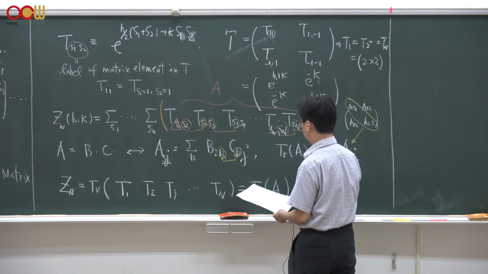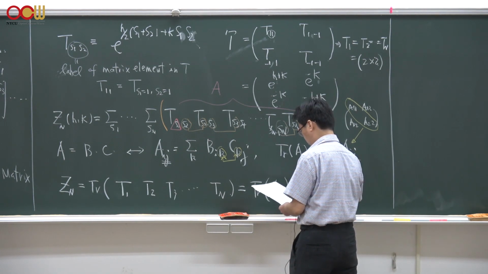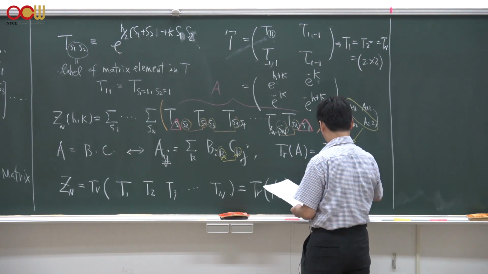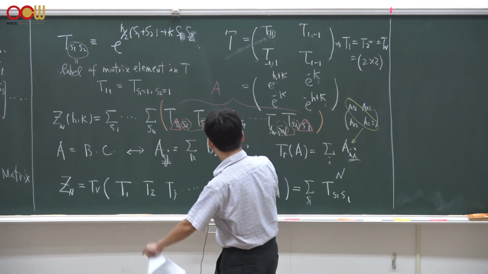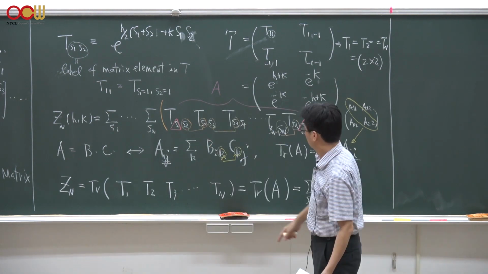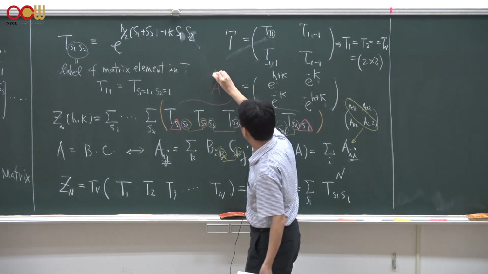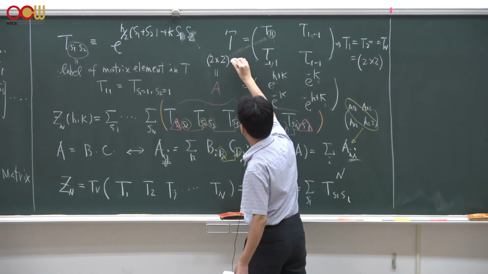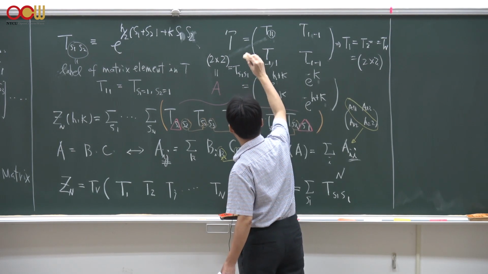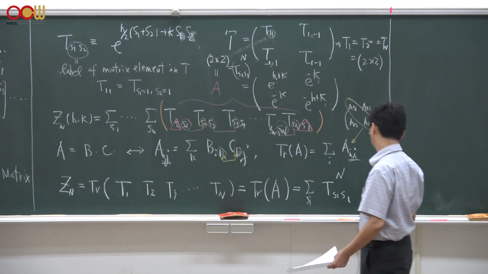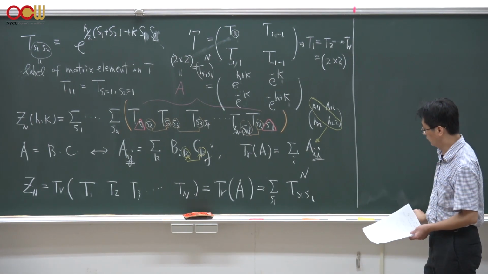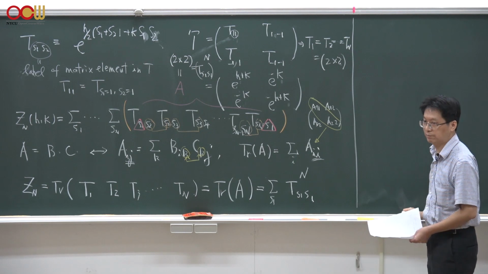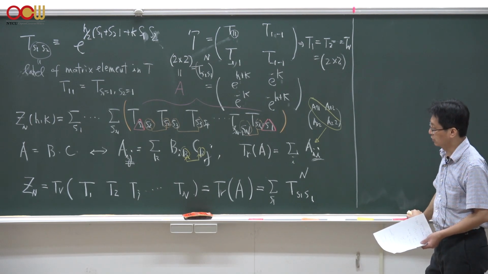So the trace of the big matrix A is nothing but the product of the same matrix. Remember, we need to sum over s1. When we multiply all these transfer matrices together, it's another 2x2 matrix with matrix element (s1, s1). But effectively, we should add an nth power to this T(s1, s1) because the matrix A is the product of n transfer matrices of the same type.